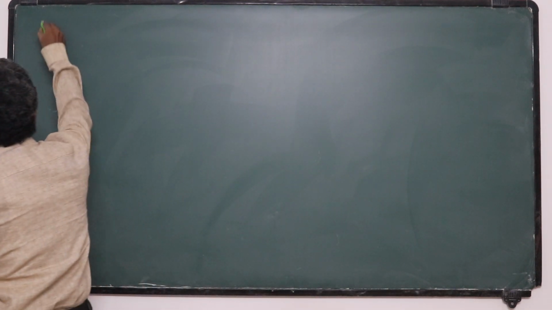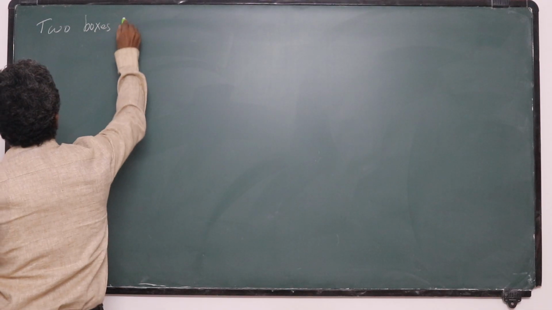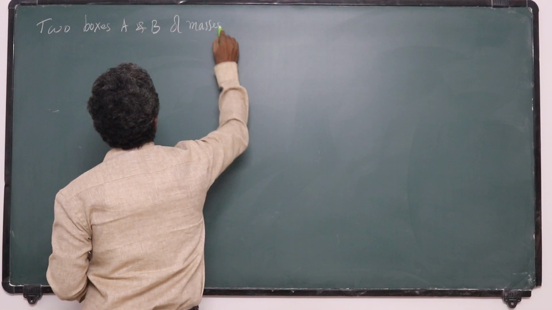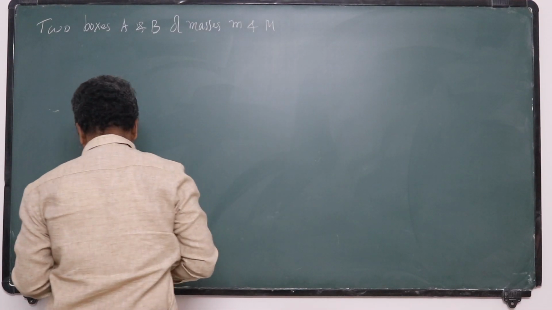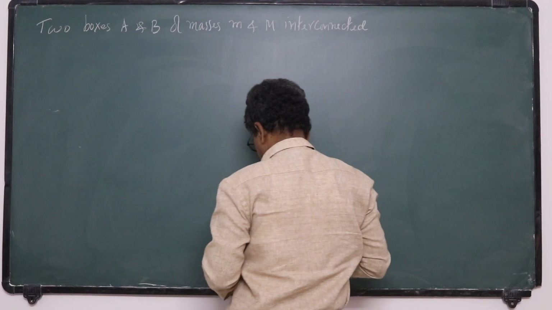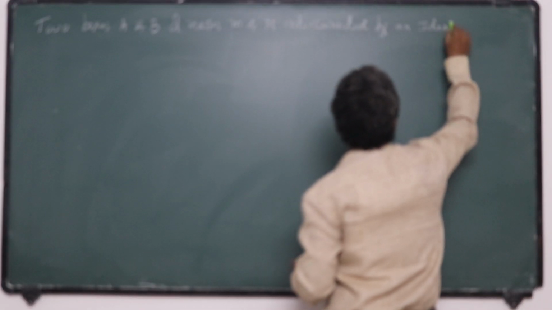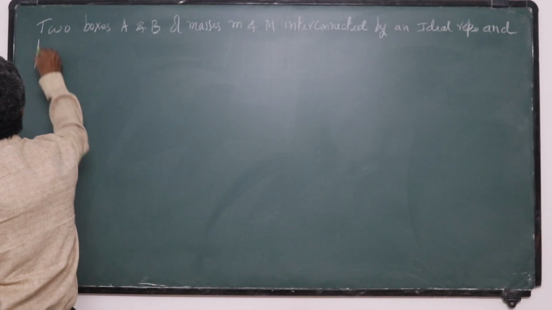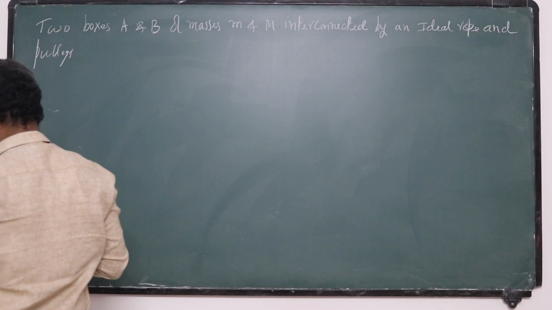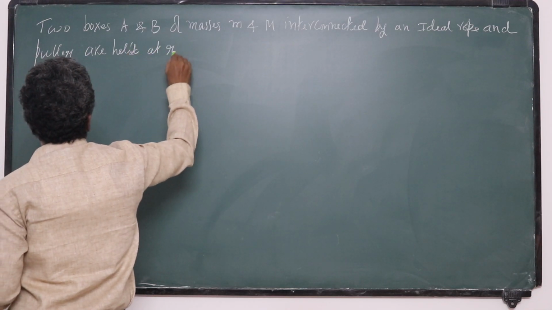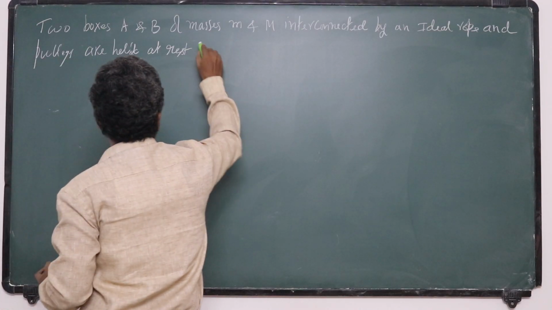Two boxes A and B of masses small m and capital M, interconnected by an ideal rope and pulley, pulleys are held at rest as shown.